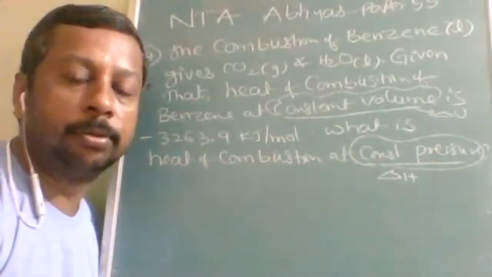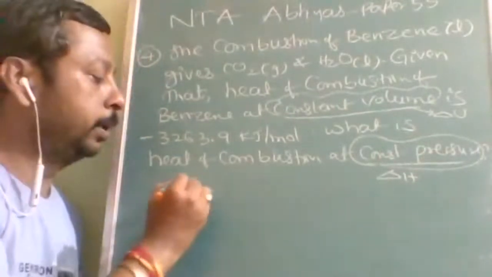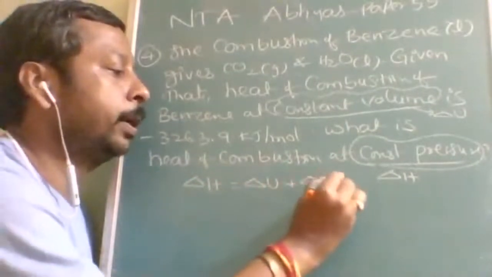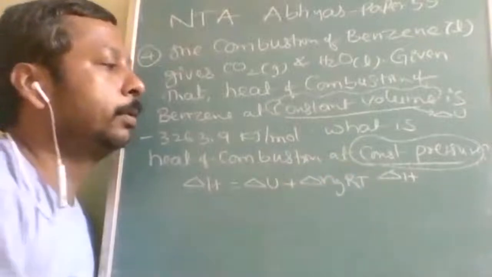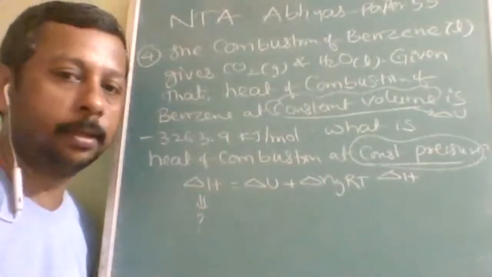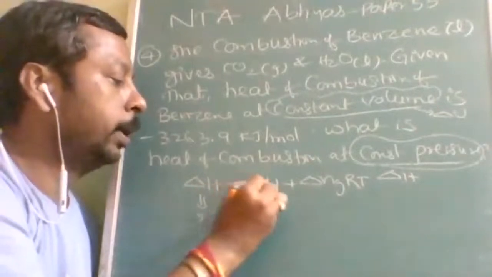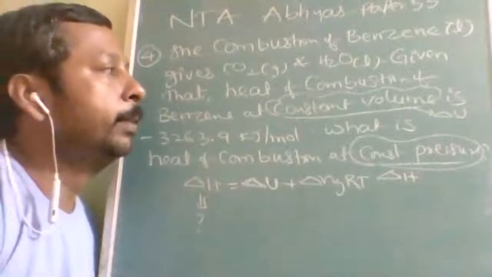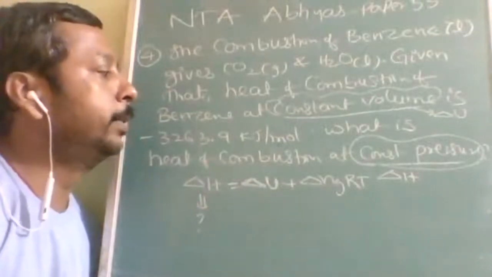So immediately it should strike your mind that the relation is delta H equals delta U plus delta Ng RT. Delta H is the question mark, and delta U is already given. You should remember, people make the same mistake every time.